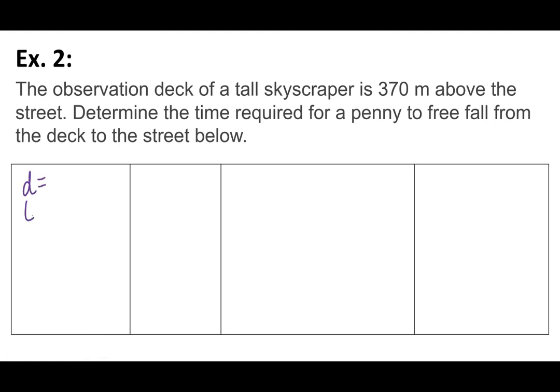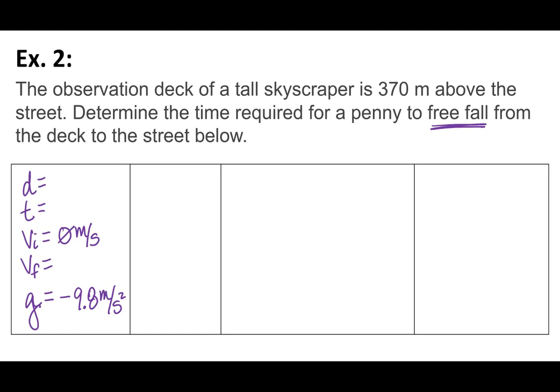D, T, VI, VF, and A. A becomes G, negative 9.8 meters per second squared. So the penny is free falling, and so initial velocity is 0.